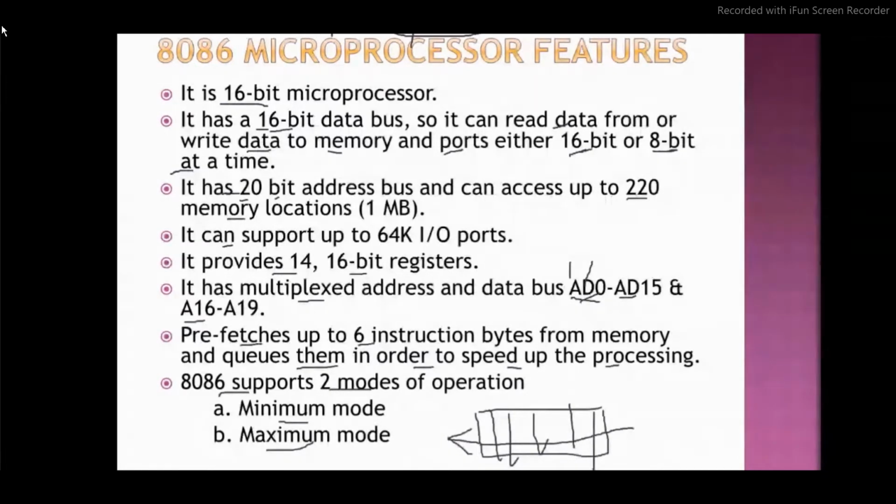When we say that the microprocessor is working in minimum mode, some of the pins become inactive, and the pins which are specific to the minimum mode are active. There are two different configurations, minimum and maximum mode. कुछ पिन मिनिमम मोड में एक्टिव होते हैं और कुछ पिन मैक्सिमम मोड में एक्टिव होते हैं. Okay, we will see how many pins are there. We will see which pins are active in minimum mode and which are active in maximum mode further.